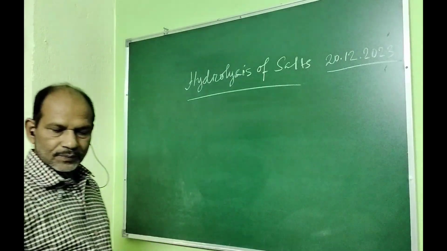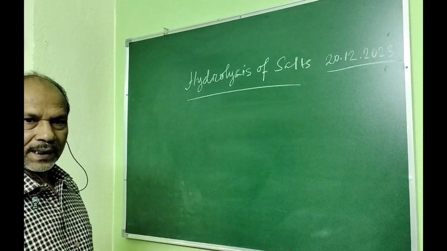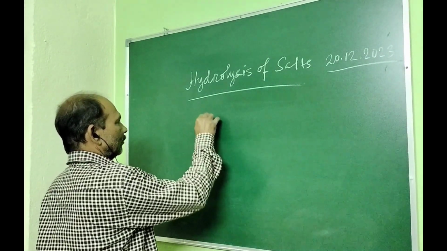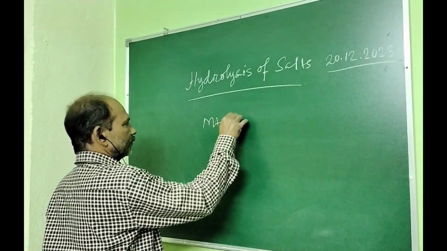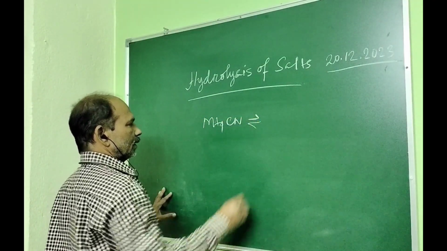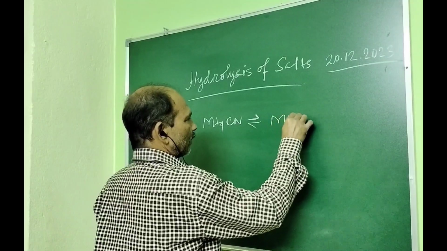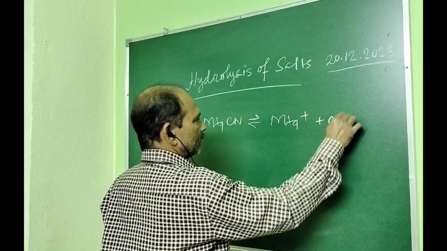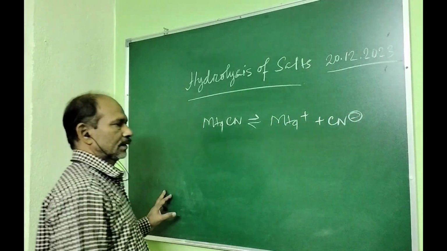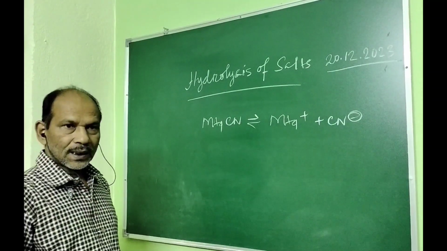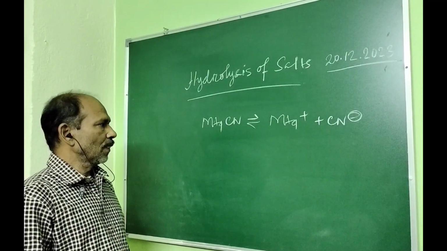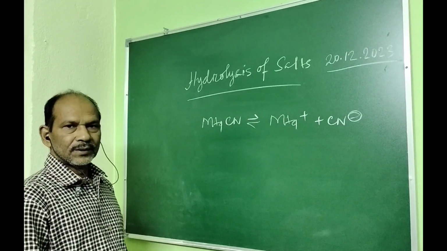Similarly, in case of ammonium cyanide, in water it is ionized into NH4 plus and CN minus. Both come from a weak acid and a weak base.